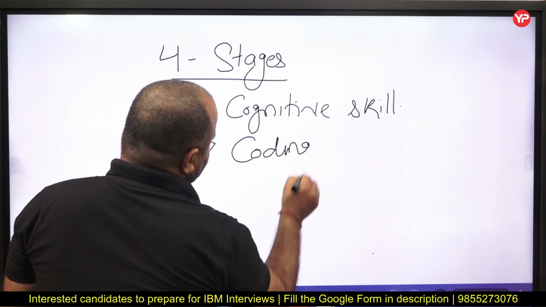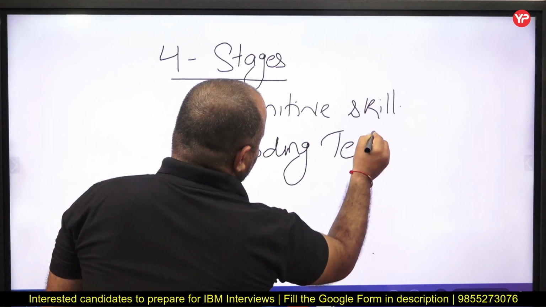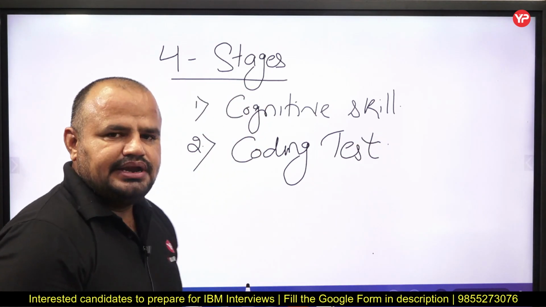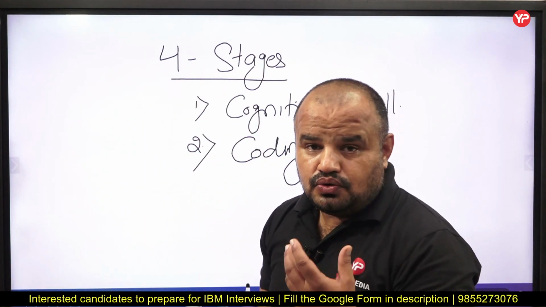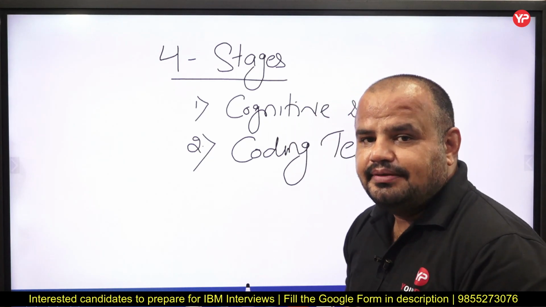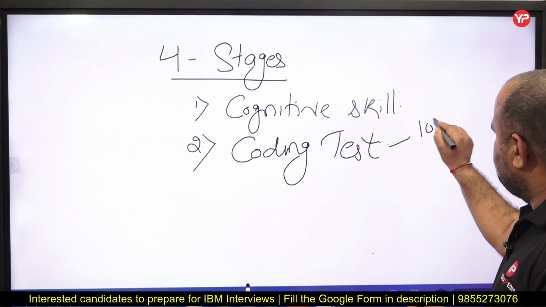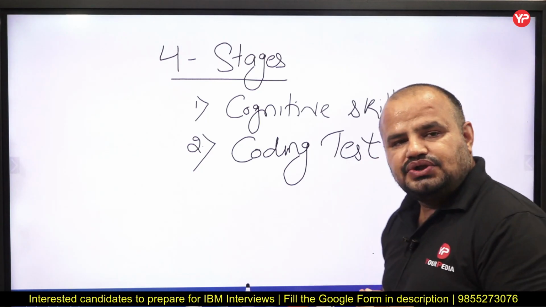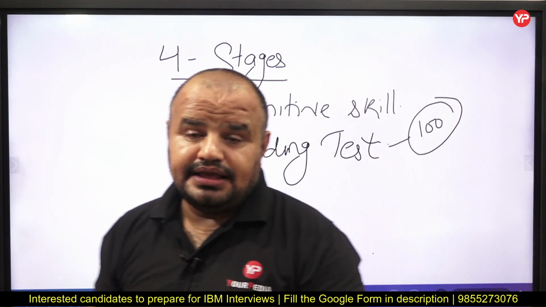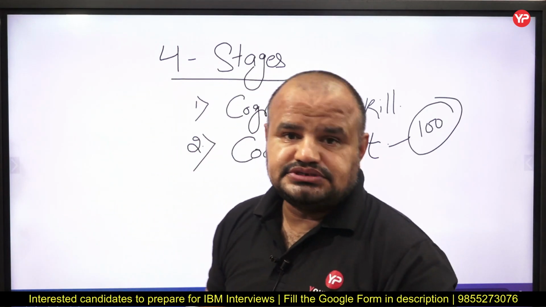That is very important. Now if you are from the third year, my dear students, if I talk about the coding part for IBM, I'll provide you some 100 questions from topics like array, linked list, tree, graph, string.